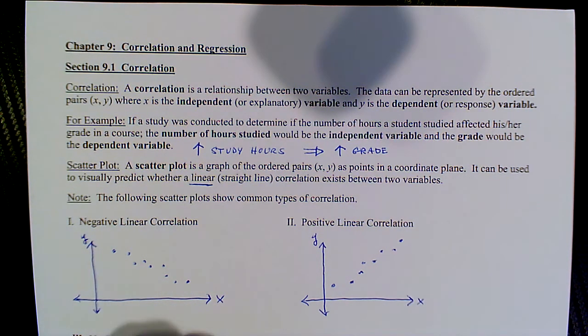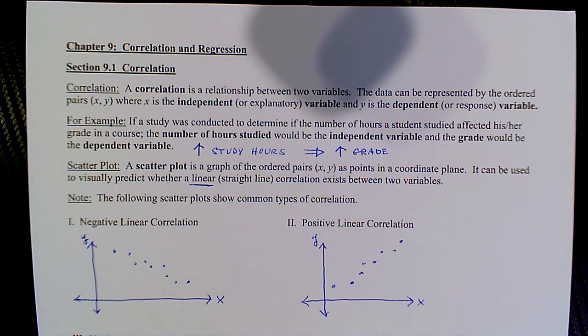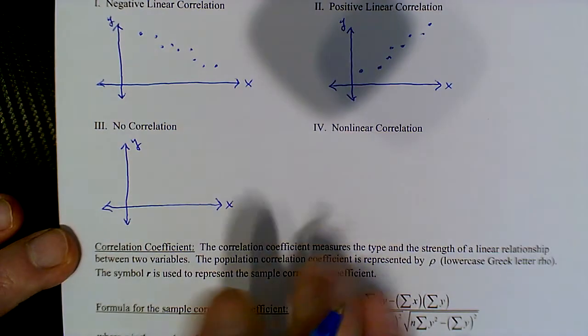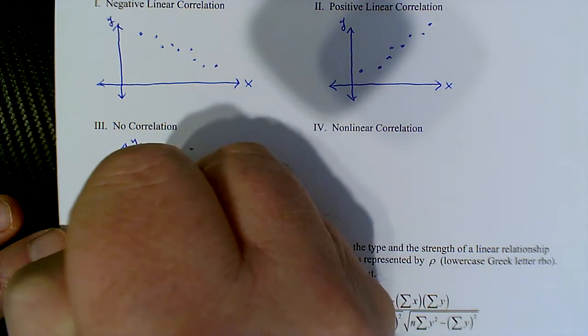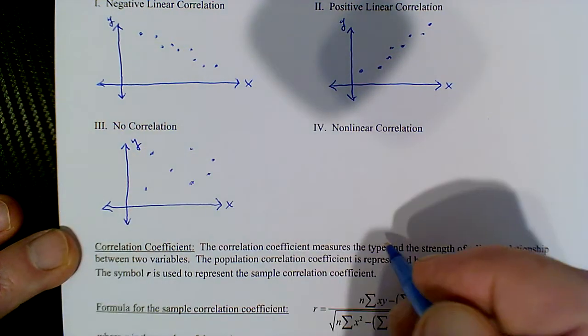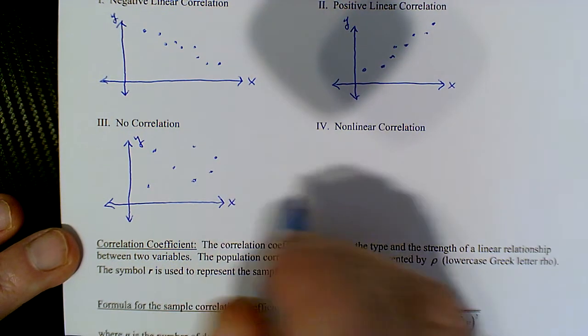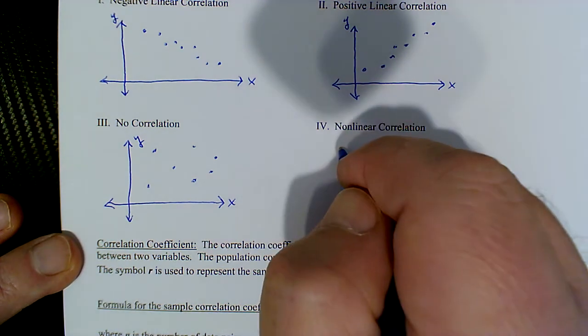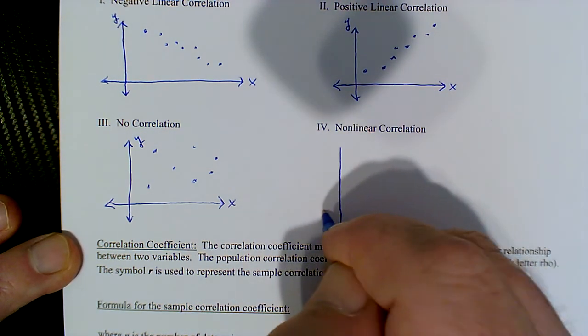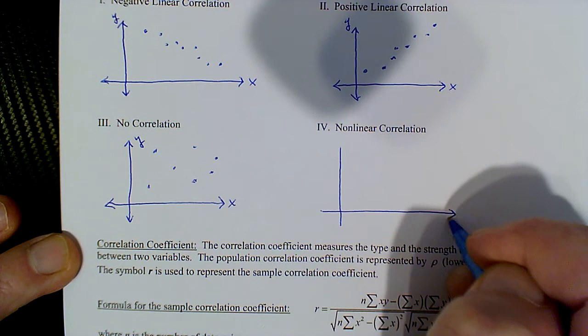You might have something where it looks like there's no correlation. So, just all over the place, right? There's no straight line that suggests that there's any trend in the data. Or you might have a nonlinear correlation.